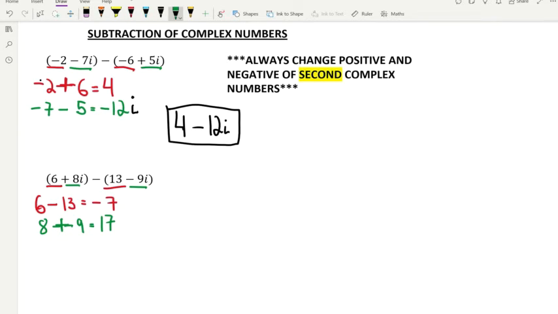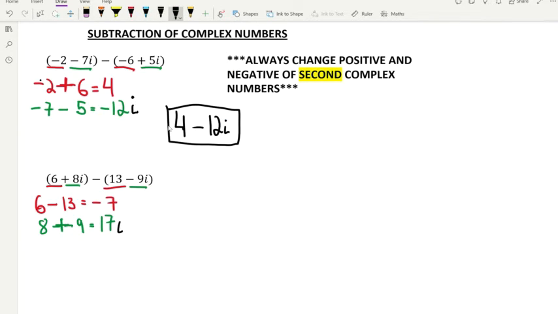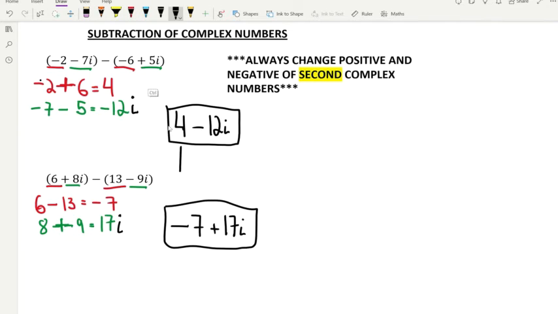And let's not forget about our special little friend, Mr. i. So, final answer is negative 7 plus 17i. And we have our real part right here, our real part in both of these. And then we have the imaginary part, which is in green.